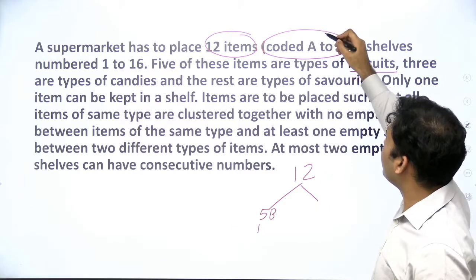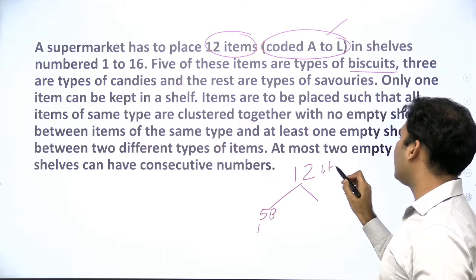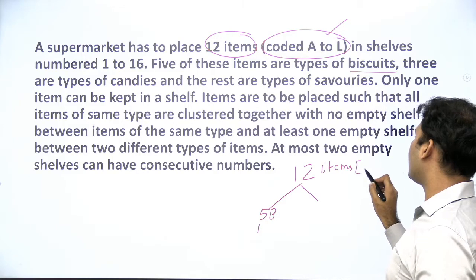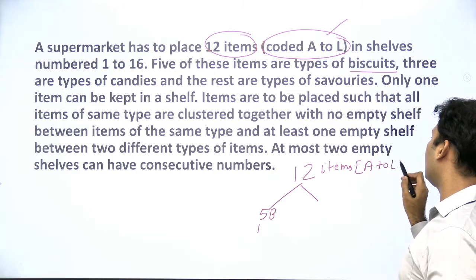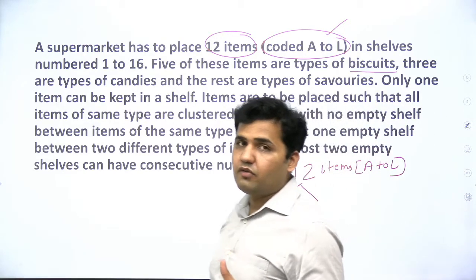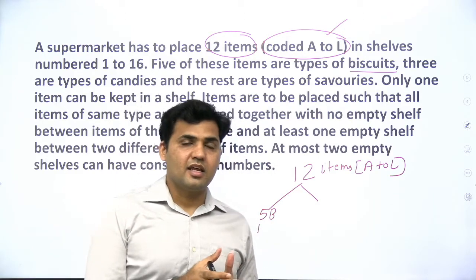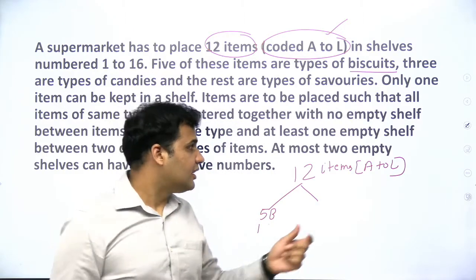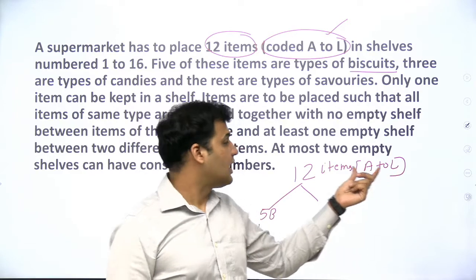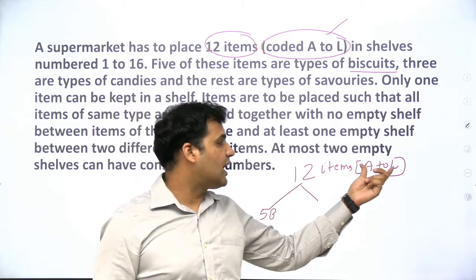So these 12 items, guys, are coded as A to L, right? If you start from the alphabet A and go on till alphabet L, there will be a total of 12 alphabets, and we have 12 items and 12 alphabets.